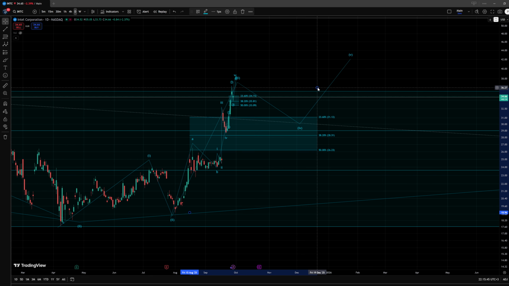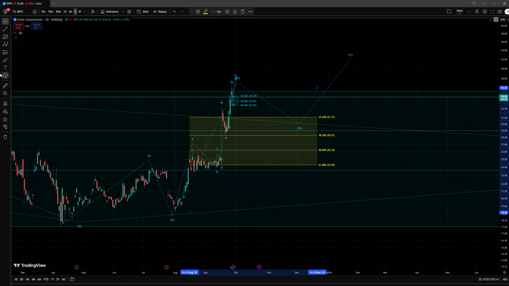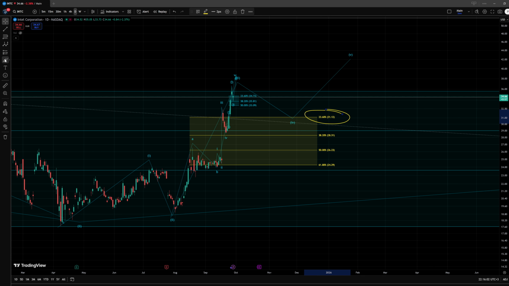I am still favoring continuation to the upside, but in case we already topped, I will provide here a support zone in yellow, which is between the $31 level. So this is the first level of support for this larger wave 4. It is for the count in blue, but I'm keeping it in yellow to be more visible. And then I am expecting it to find support before we break below the 61.8% retracement at the $24.3 level.